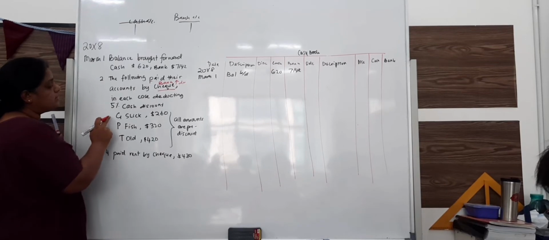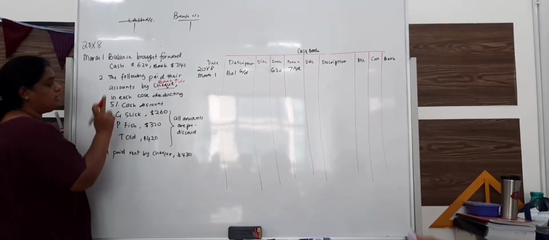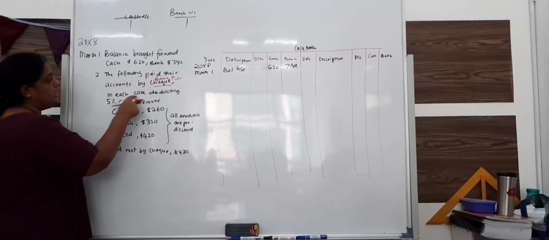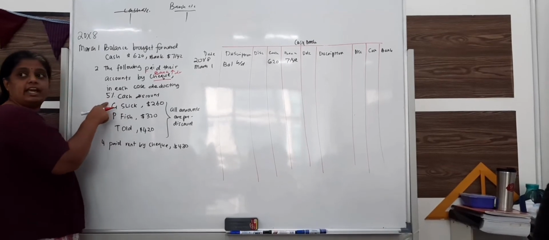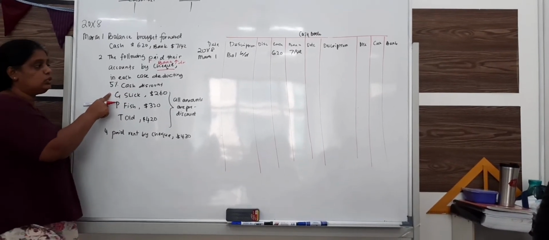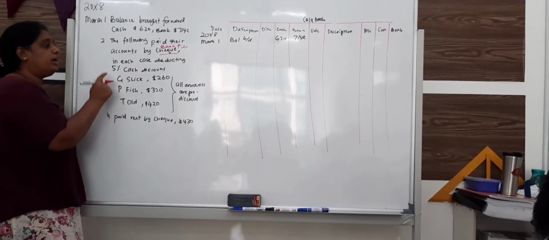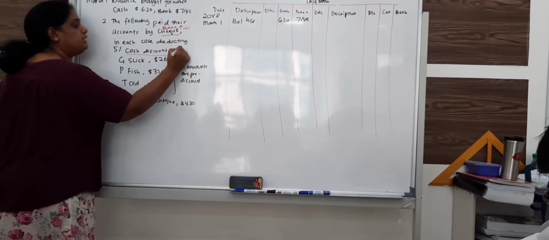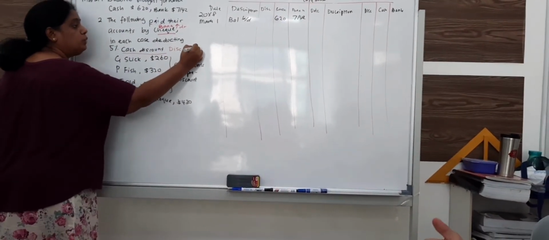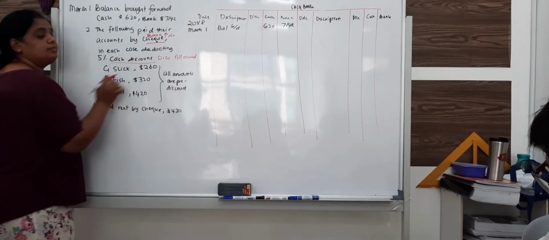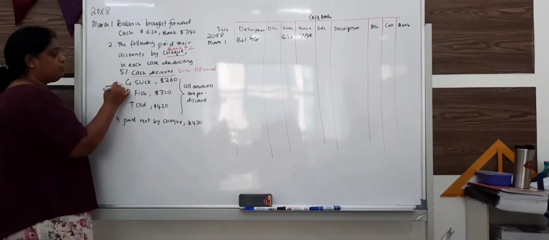But who have paid us? These customers paid us, and interestingly, they told us that in each case, they are deducting 5% cash discount. So we are giving them cash discount. This cash discount is our discount allowed because we are giving the discount. So how much is the discount for this?